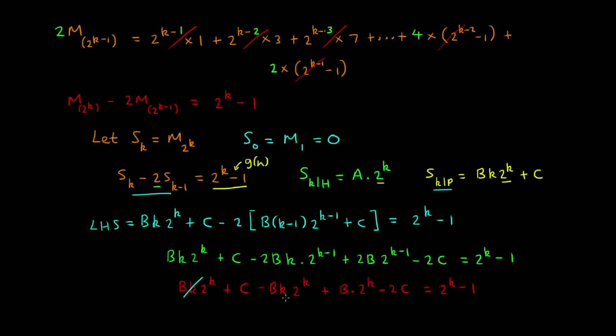So these two terms cancel, and we're left with b by 2 to the k plus c minus 2c is equal to 2 to the k minus 1. So if we equate coefficients, we see that b is equal to 1 and c is also equal to 1.